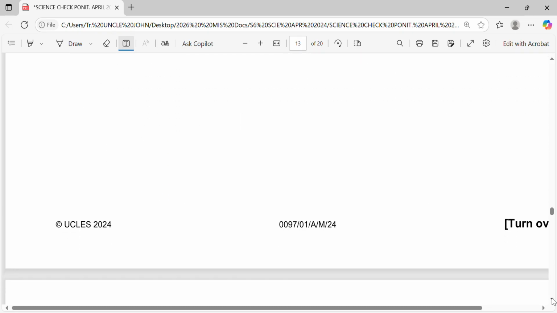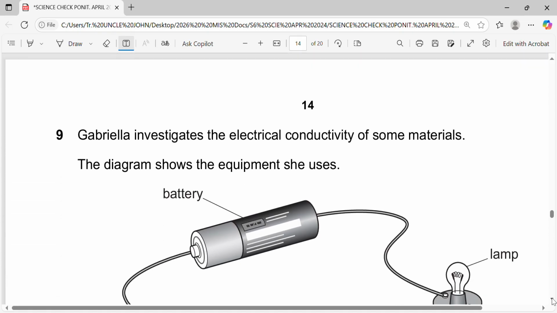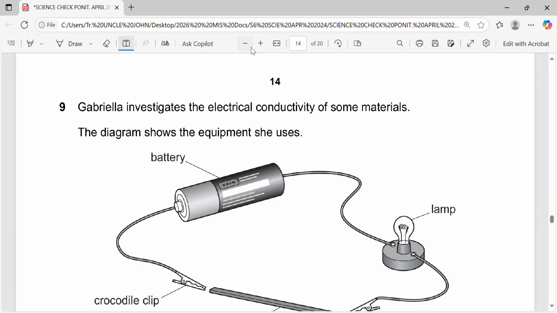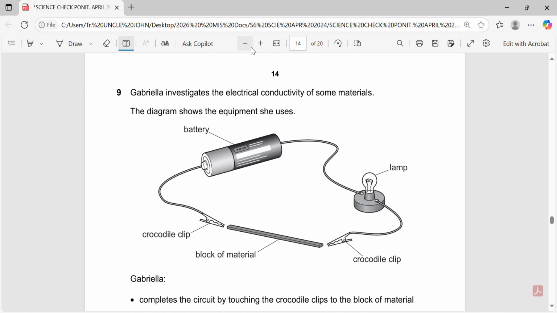We continue with question 9. We can read it together, friends. Gabriela investigates the electrical conductivity of some materials. The diagram shows the equipment she uses. We have the battery, crocodile clip, a block of material, crocodile clip, and then the lamp.